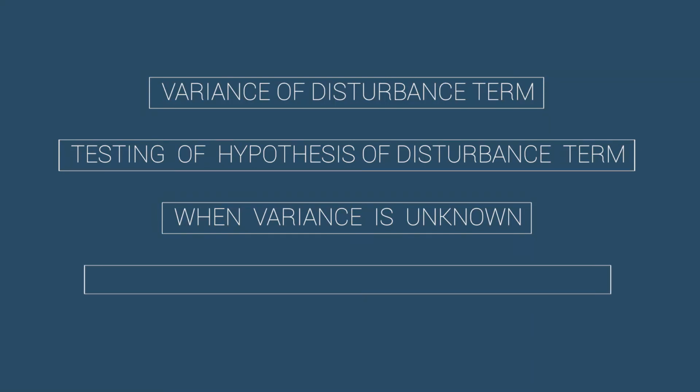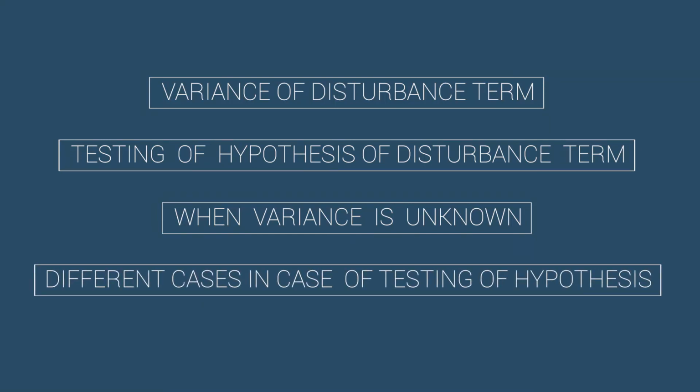And finally, we have elaborated on different cases of the testing of hypothesis. In all the three cases, we have invited one-tail test or two-tail test. But the major point of departure is whether we are operating at alpha level of significance or alpha by 2 level of significance.